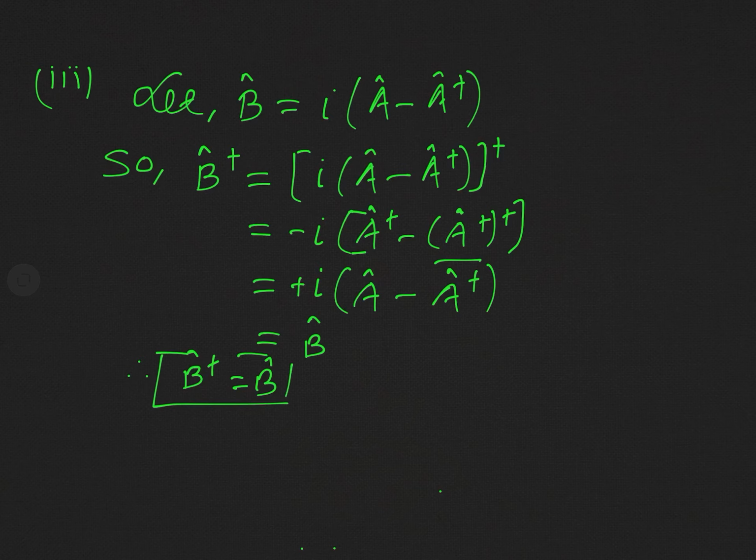And this property implies that B hat equal to i times A hat minus A hat dagger is Hermitian.